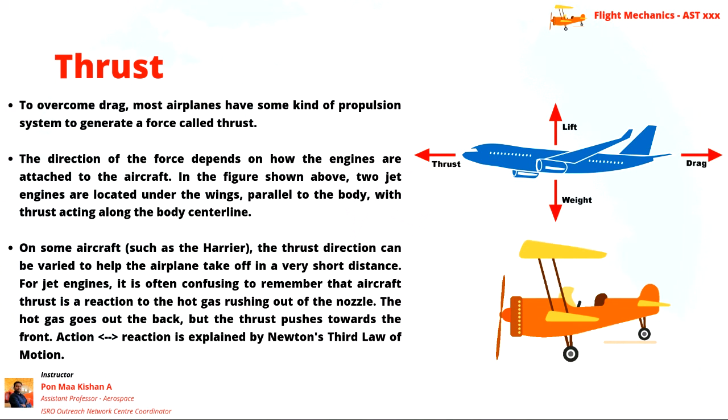One of the important examples is the LCA, light combat aircraft, our Tejas. Last year, when Tejas was offered to the Indian Navy, they didn't approve it because it does not have shorter runway takeoff and landing ability.